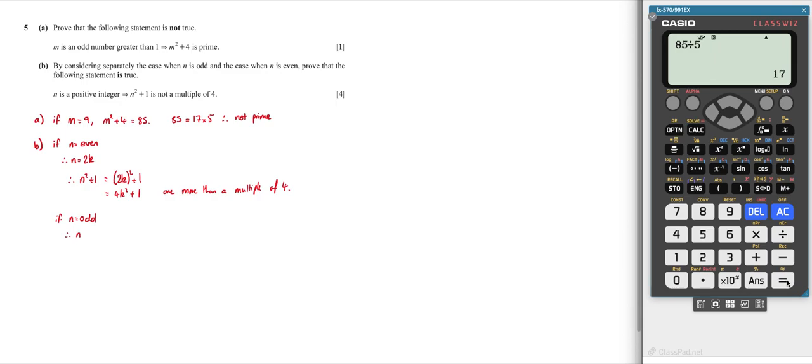If we do n is odd, well then n is going to be 2k plus 1. So then n squared plus 1 is going to be 2k plus 1 squared plus 1, which is 4k squared plus 4k plus 1 plus 1, which is 4 lots of k squared plus k, plus 2. Well, that first bit is a multiple of 4, so this is 2 more than a multiple of 4.